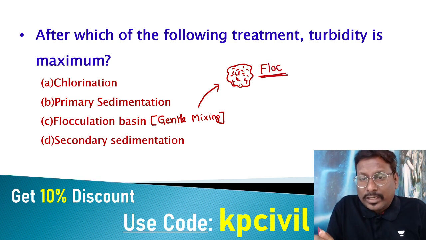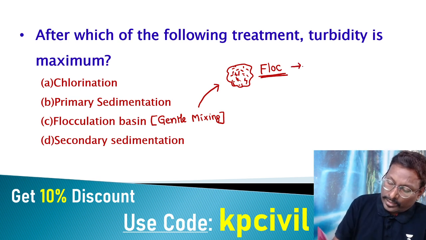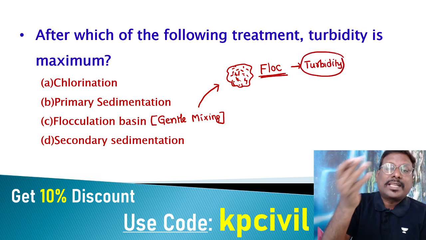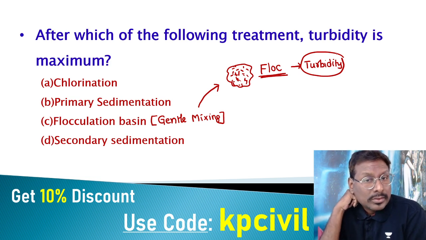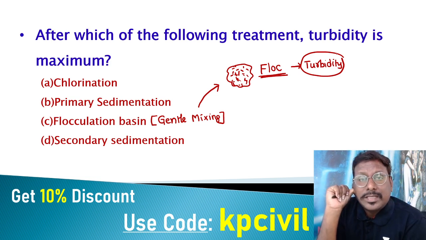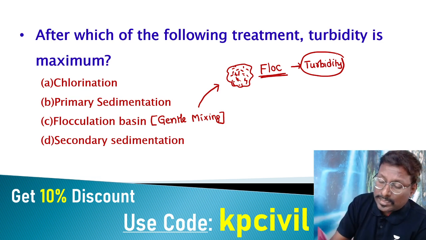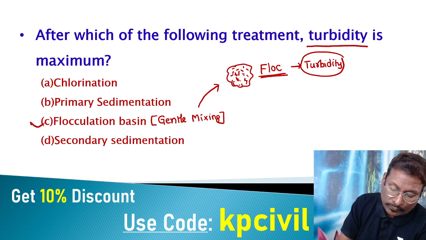Water after flocculation contains the floc, and this floc is responsible to impart turbidity, and that floc is settled in the secondary sedimentation tank. So floc which is formed after flocculation basin causes maximum turbidity. So flocculation basin.